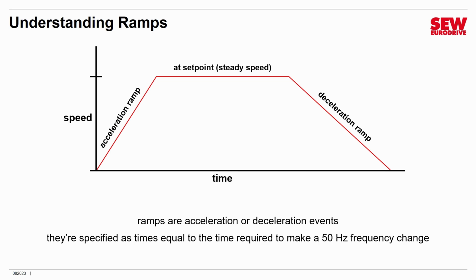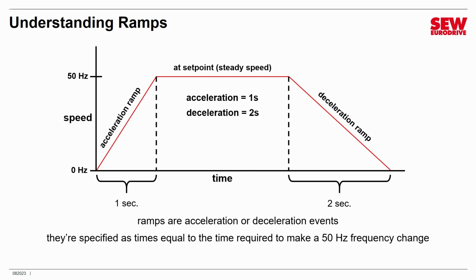The answer is frequency is a little more convenient because remember, speed depends on not just the frequency that the VFD is putting out, but the number of poles in the motor. So the same frequency will produce different speeds with different kinds of motors. By specifying the ramp as the time for a frequency change, it makes it a little bit more motor independent. I think this will become a little clearer as we get a little further into this topic.